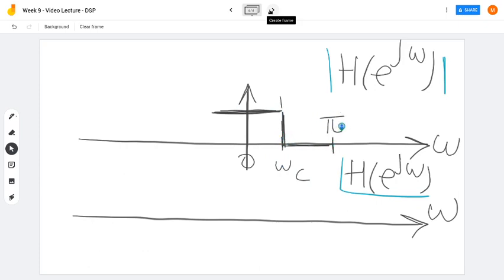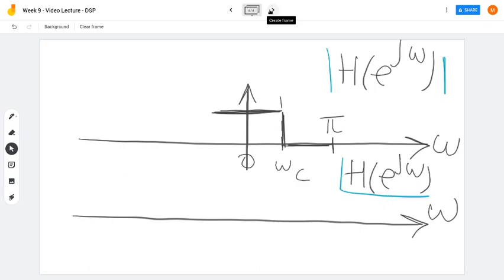And as you remember from the previous lecture, we pointed out we are only interested in filters with real valued impulse response, and if h of n, the impulse response, is real valued, H of e to the power j omega is complex conjugate symmetric.